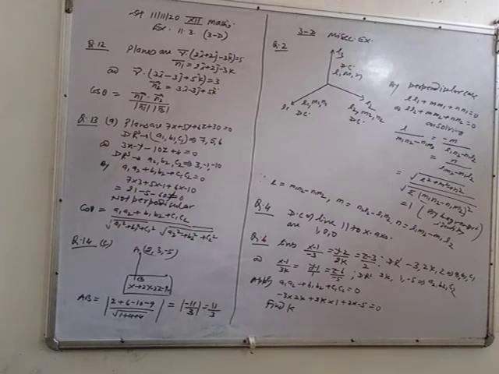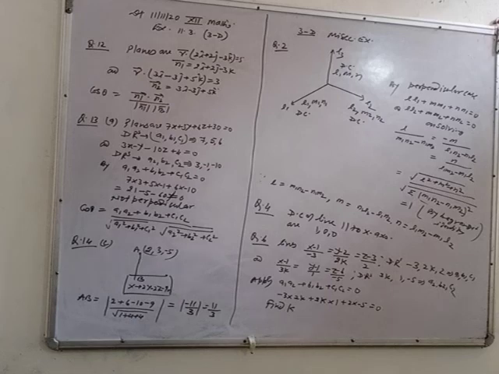Now question number 4. Here write the DCs of a line parallel to the x axis. The DCs of a line parallel to the x axis are k times (1, 0, 0). Why? Because the DCs of the x axis are 1, 0, 0. In question number 6, two lines are given and you have to check whether the lines are perpendicular. Now apply the condition for perpendicular.